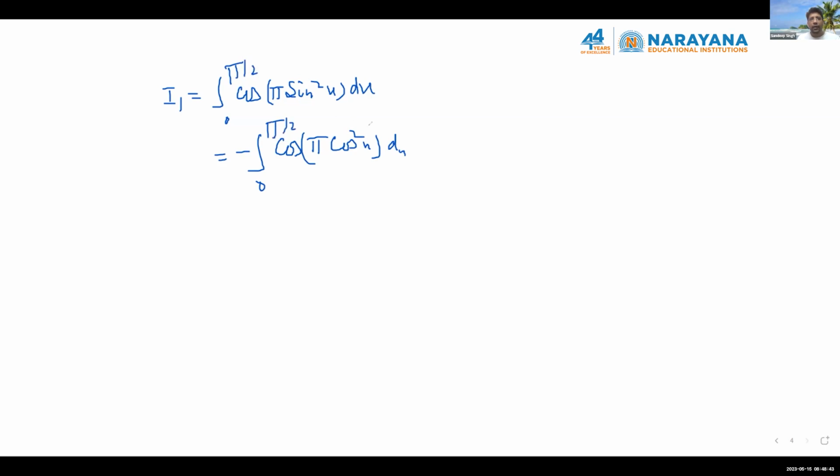Correct. So pi cos square x, and again you can apply it like this. So I1 will become minus I1, no? Because from the fourth property, this is also equal to cos of pi cos square x.